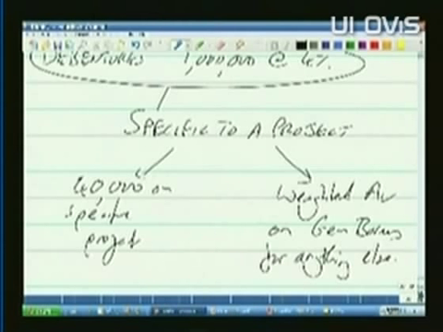So I would separate out the specific project and capitalise the specific borrowings on it, and then I would calculate my weighted average excluding those specific borrowings for the purposes of capitalising borrowing costs anywhere else.